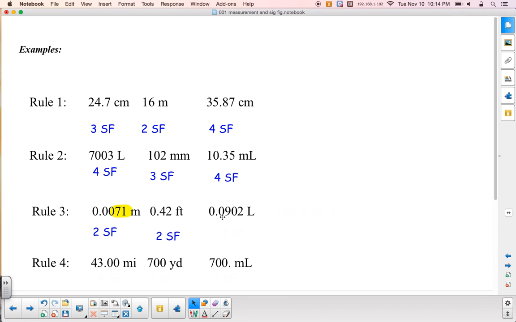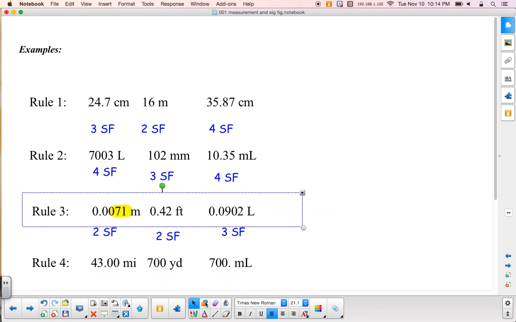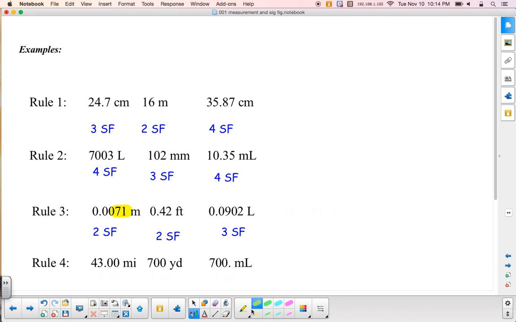Sometimes you have different types of zeros in a number. This number has 2 leading zeros, which are not significant, but then it has a captive or a sandwich zero, which is significant. This number has 3 significant figures, those 3 significant figures being the 9, the 0, and the 2. Sometimes it's a little easier to figure out which digits are significant and which digits are insignificant if we look at the number in scientific notation.